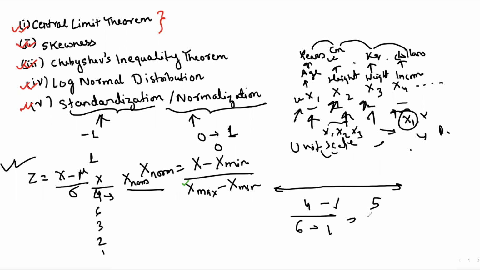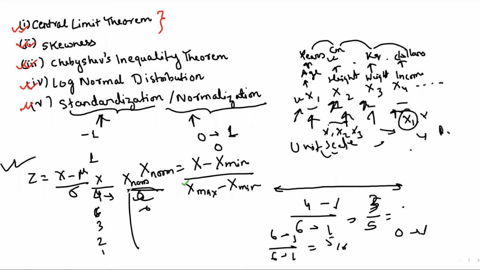So 3 divided by 5. Whatever the value, it will range between 0 to 1, right? Again, for 6: 6 minus x min, 1, divided by x max 6 minus x min 1. So 5 by 5. In this way, it will range between 0 to 1.